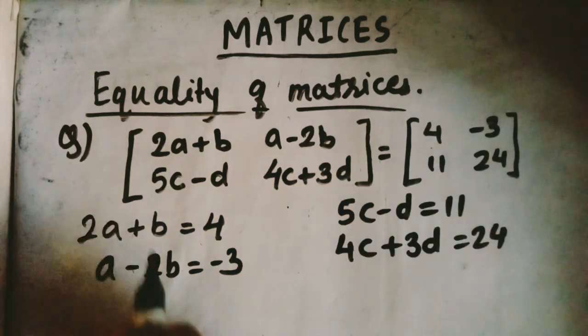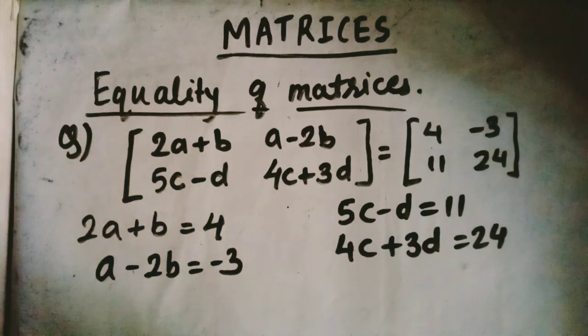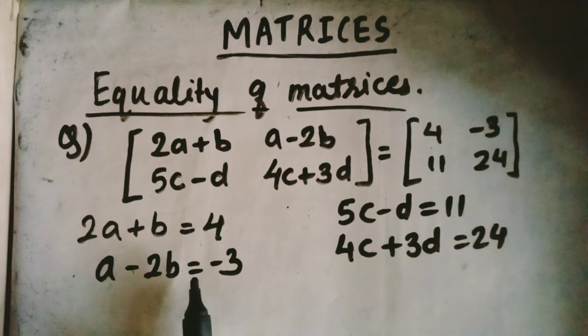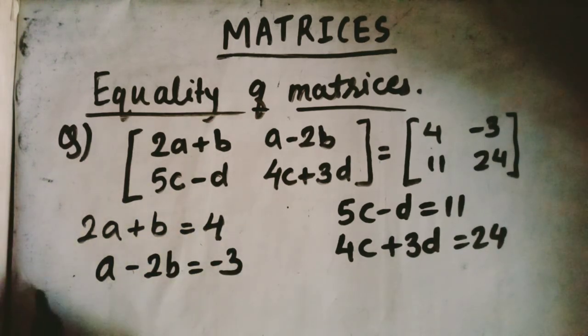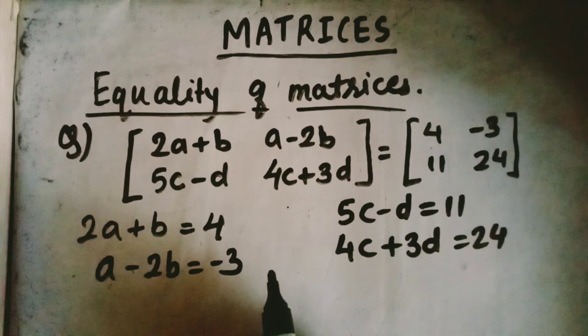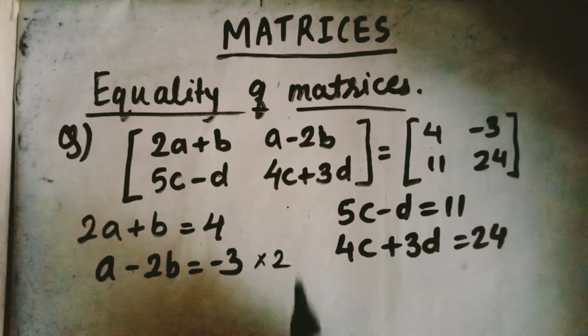As you can see, all are unknowns and we have equations in two variables. Linear equations in two variables can be solved using the substitution method or the elimination method. I'll use the elimination method here. I'll multiply this equation by 2.